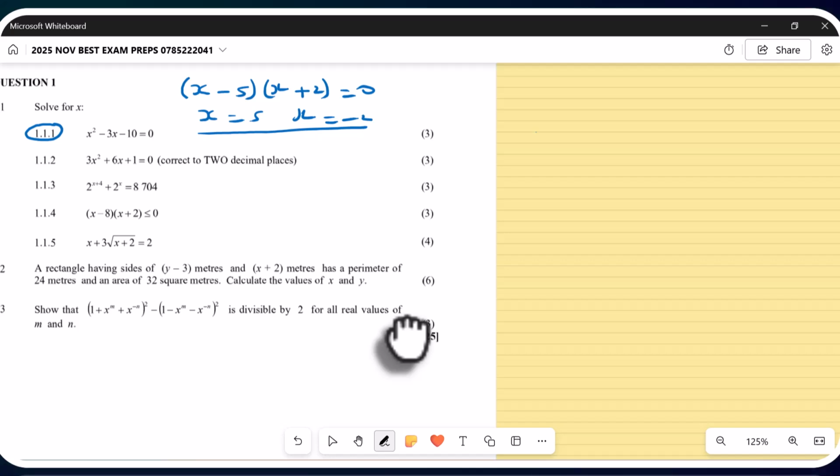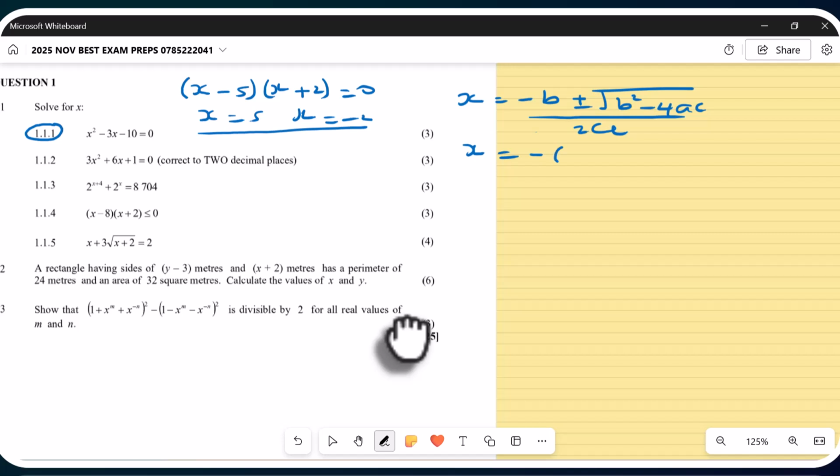Our b is the positive 6, so we have negative 6, then plus or minus the square root of 6 squared minus 4ac. Our a is 3 and our c is the positive 1, divided by 2a, and our a is 3.